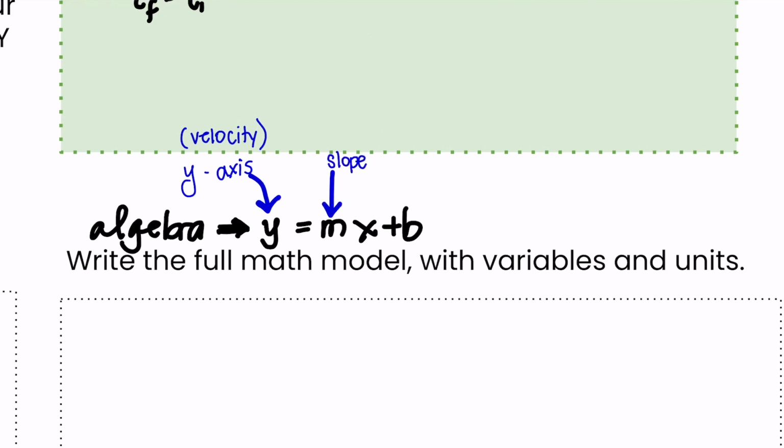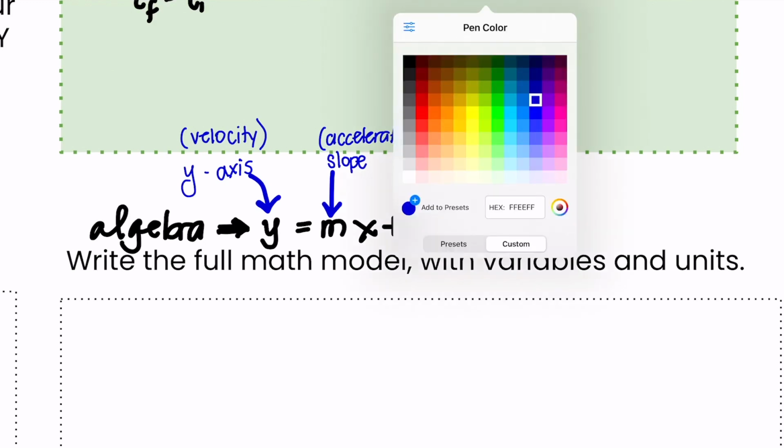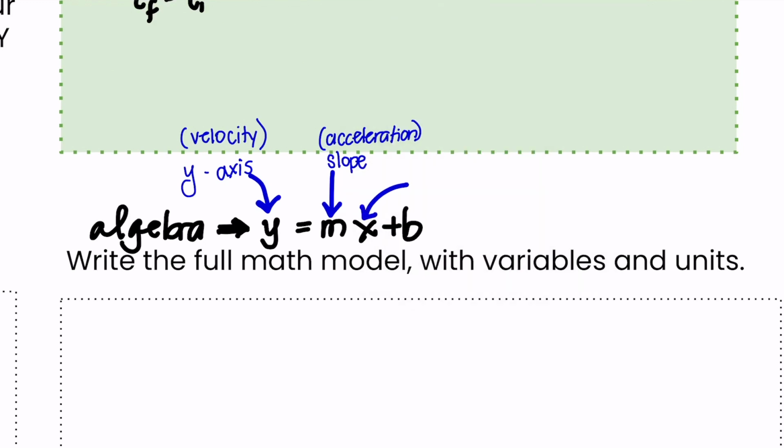Okay, and the slope is represented on the velocity time graph. The slope is our acceleration. Now, our x-axis is our time. Okay, so the x-axis tells us about our time, and then our b tells us information of our y-intercept, and that is our initial velocity.